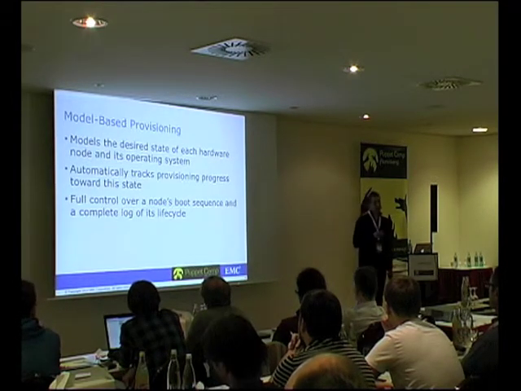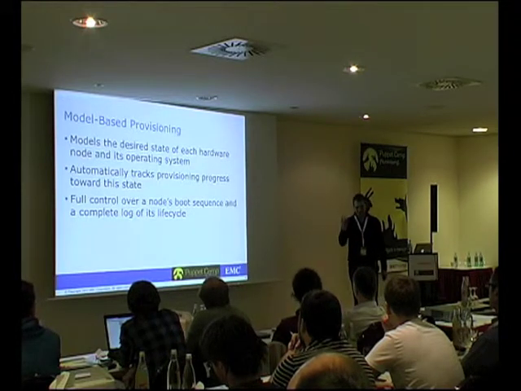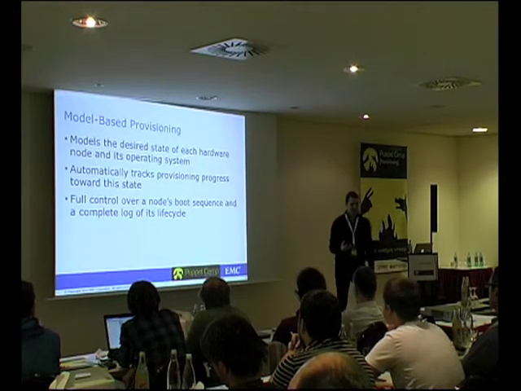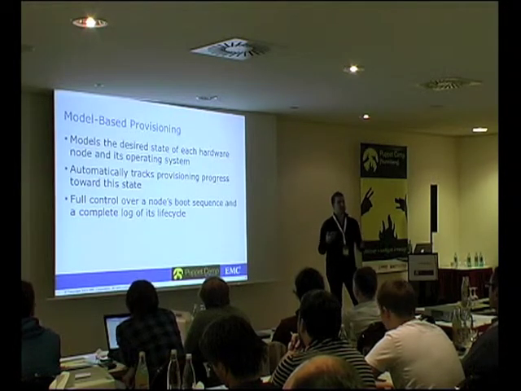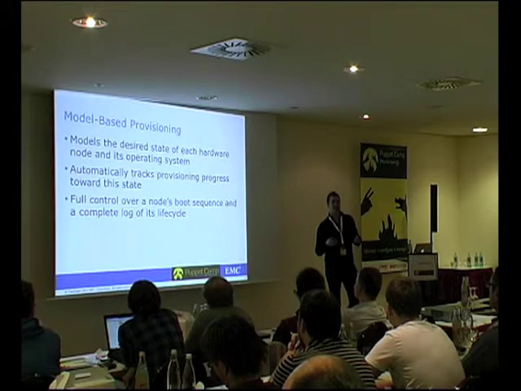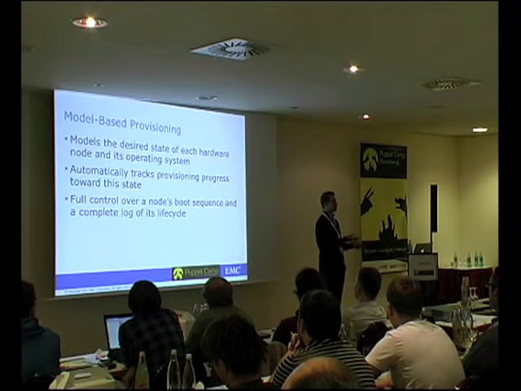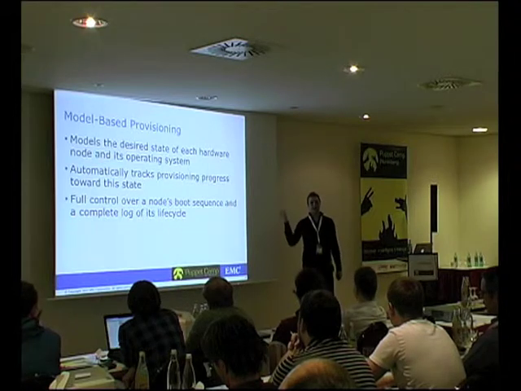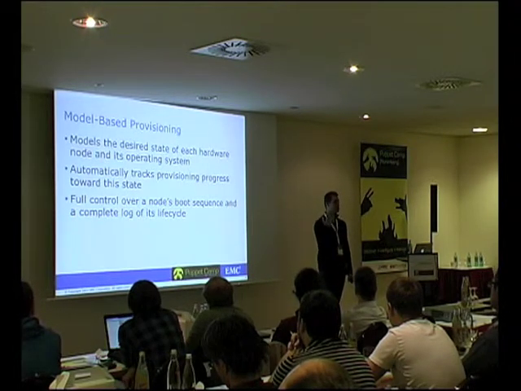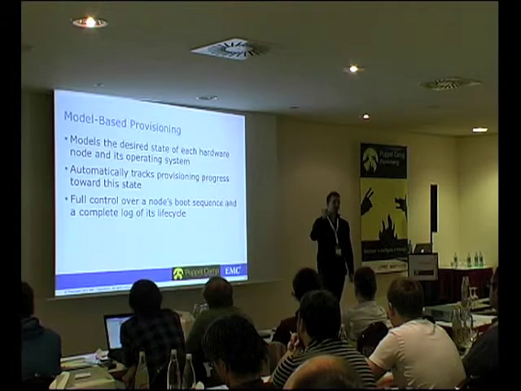So using the information that we get from Factor and the dynamic image selection, we also create something called a model. That model consists of information that is important for the operating system to know when you provision it. For a Debian or CentOS installation, it would be host name, maybe domain name, and root password.